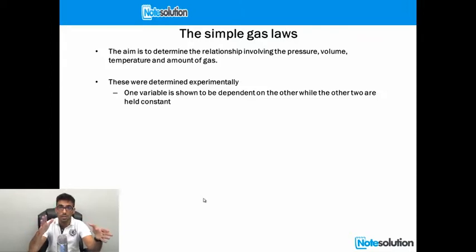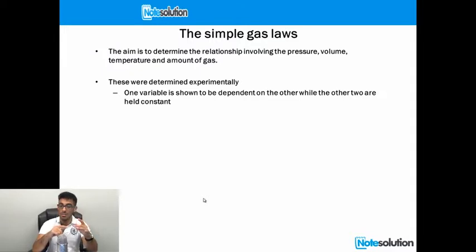They were done by different researchers, who did a similar type of experiment with those four components. One variable is shown to be dependent on another, while the other two are held constant. So you hold two variables constant, and you prove that if you change one of the variables, it will affect the second one.